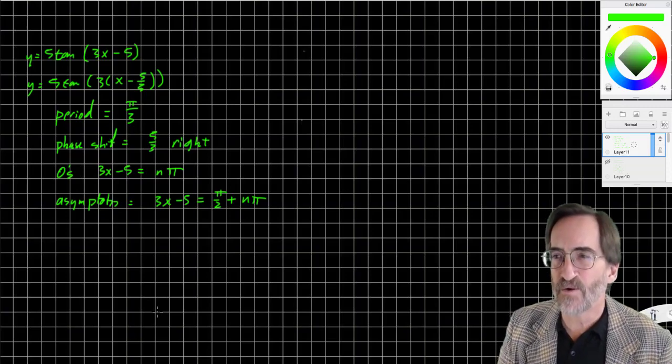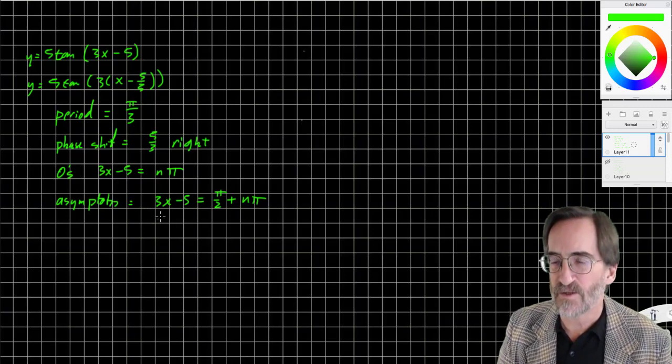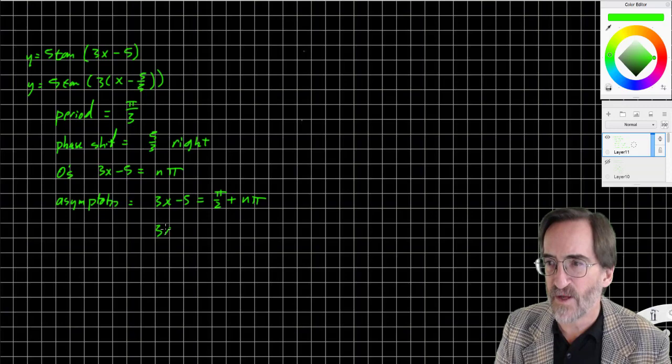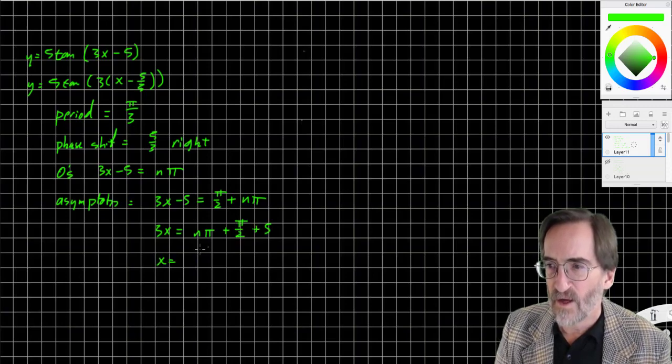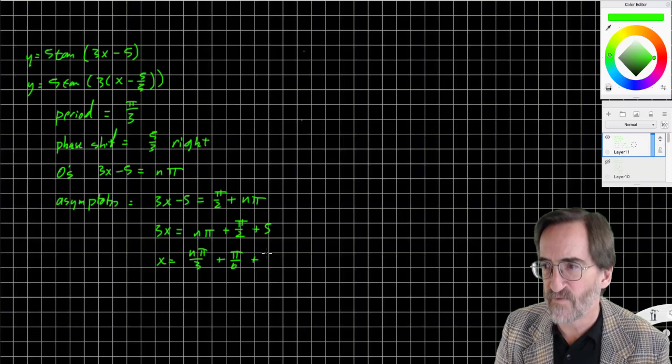Well, let's throw in some specific examples here. So where specifically do the asymptotes occur? All right, if I solve for x, I get 3x equals n pi plus pi over 2 plus 5. Divide by 3, we get n pi over 3 plus pi over 6 plus 5.